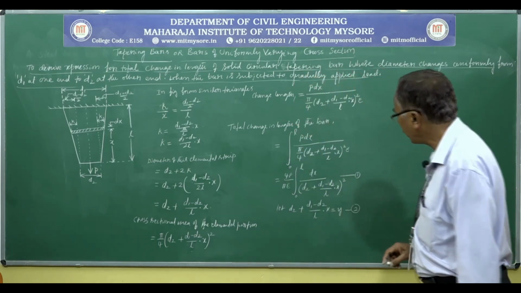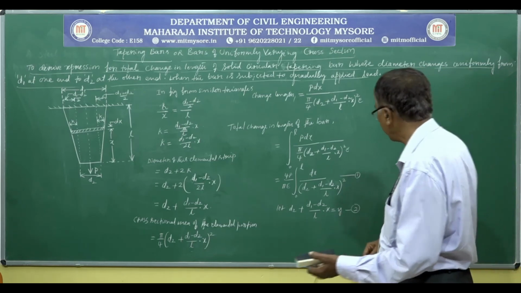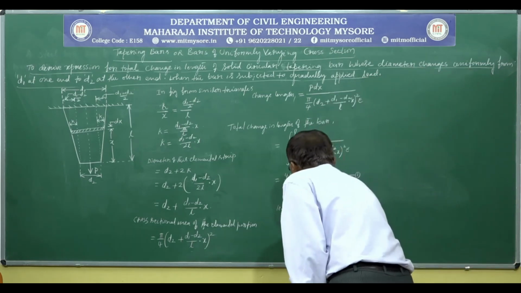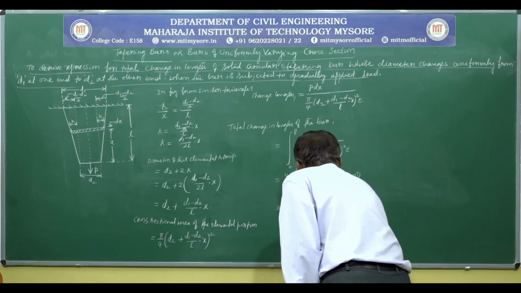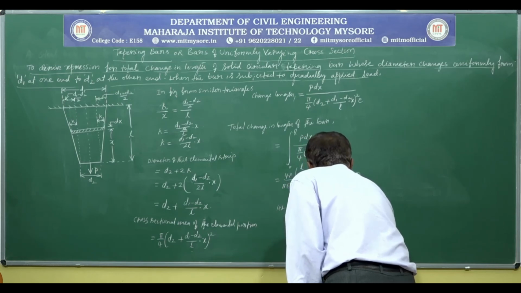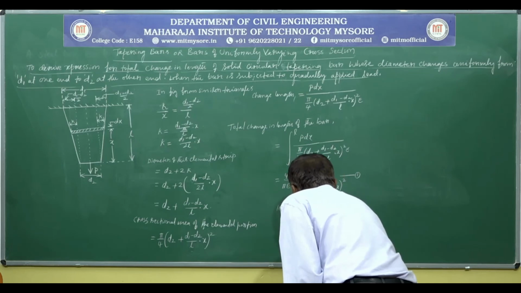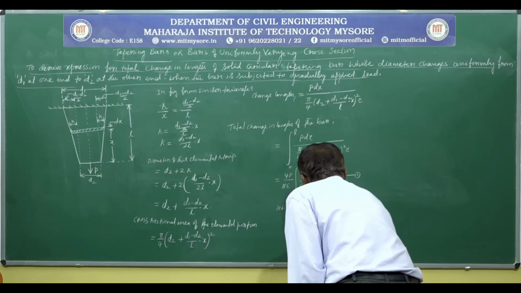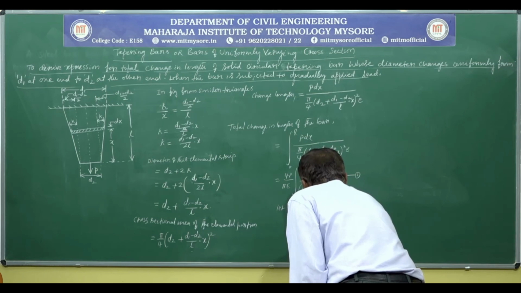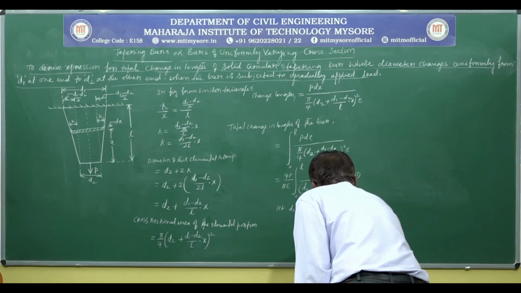If you differentiate equation 2 on both sides, we get (d1 minus d2) divided by L is equal to dy by dx. Therefore, dx is equal to L divided by (d1 minus d2) into dy.